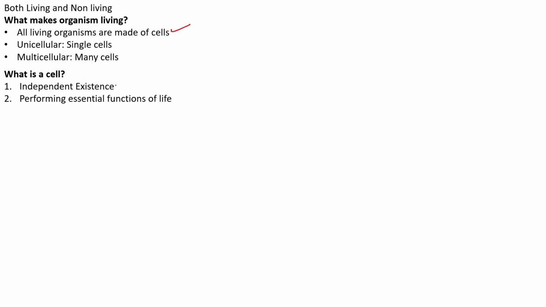The first basis is that it should exhibit an independent existence. What do you mean by independent existence? Independent existence means it can live and carry out the basic functions of a living organism.